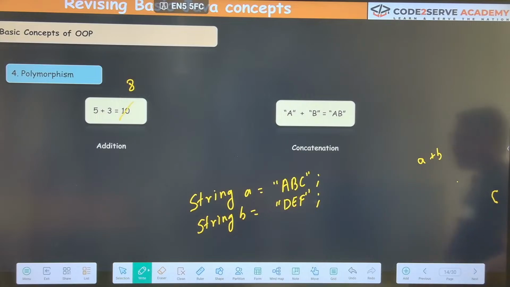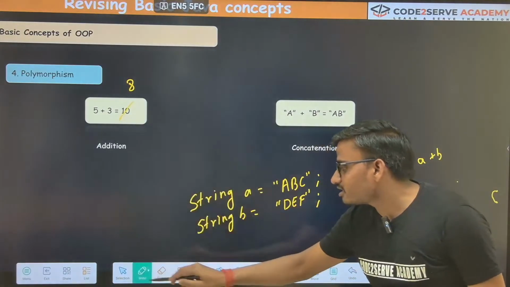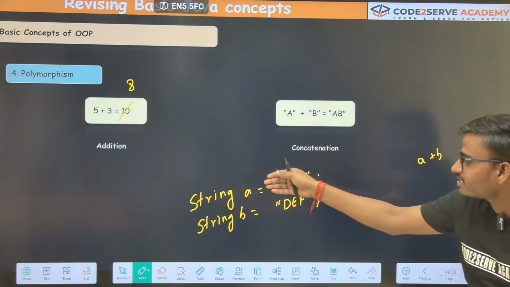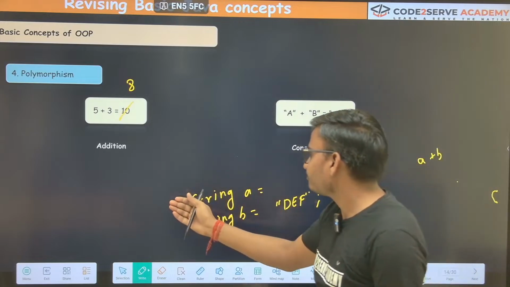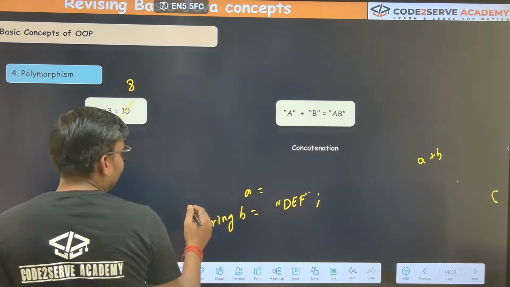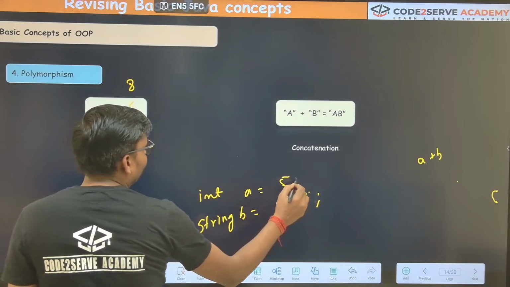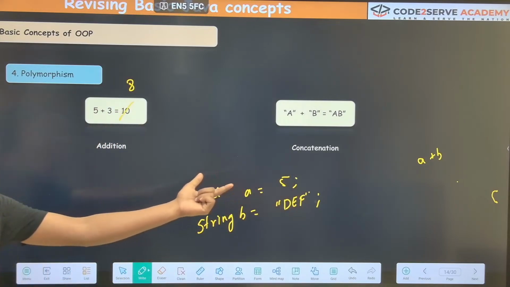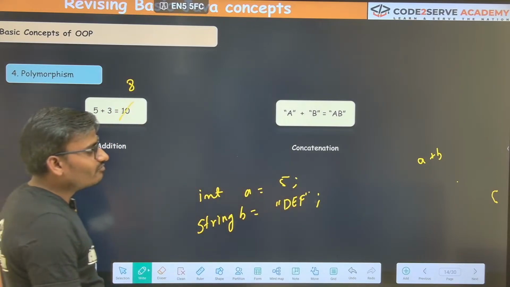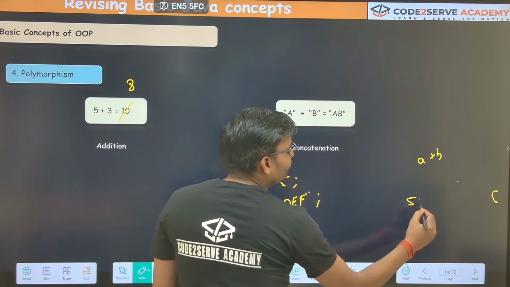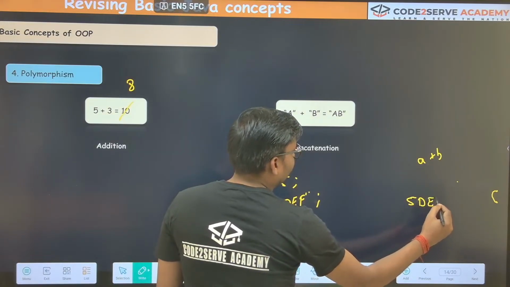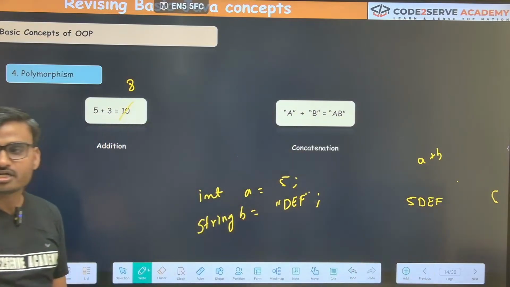Got my point? Basically, what I mean by this is, suppose now you take an example of this as an integer. I will say int a is equal to 5. Now, if I do a plus b, the outcome will be something like 5 d e f. Got it?